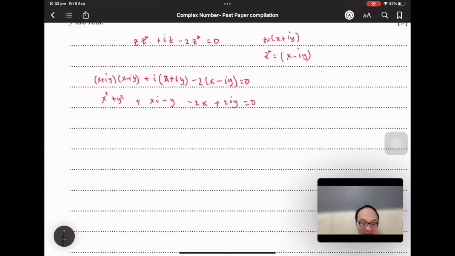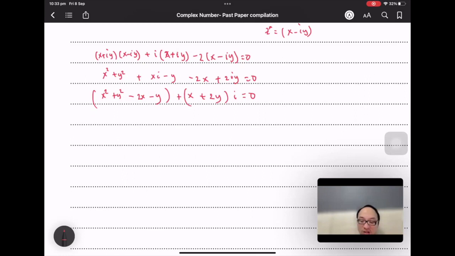I can collect the real part: x squared plus y squared minus 2x minus y equals 0, and then the imaginary part: plus x plus 2y, i equals 0.